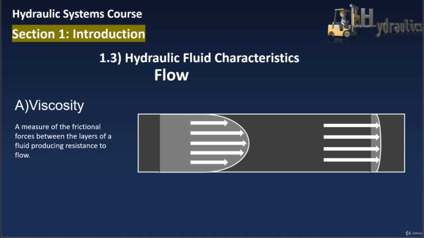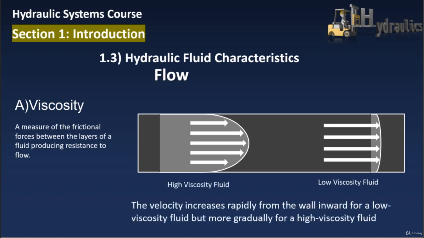On the right-hand sketch, a fluid with low viscosity and low friction force will have high velocity and move faster. So the velocity increases rapidly from the wall inward for a low viscosity fluid, but more gradually for a high viscosity fluid.